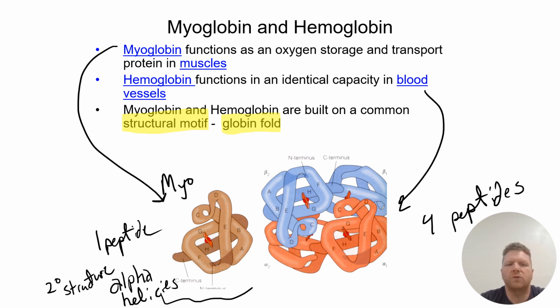So these secondary alpha helices are found in these different locations. So this would be an A alpha helix, a B alpha helix, C, D alpha helix, E, F, G, and H alpha helix. Now, this is myoglobin. You have all those different alpha helices.